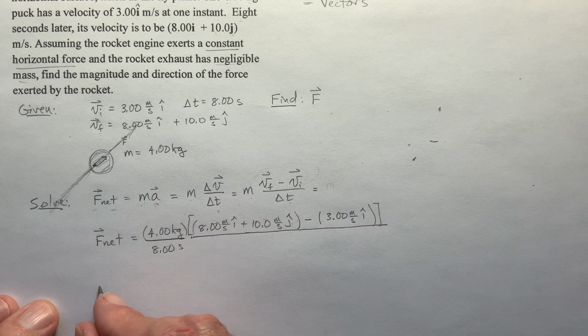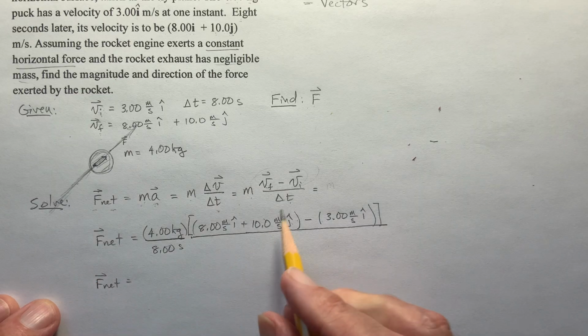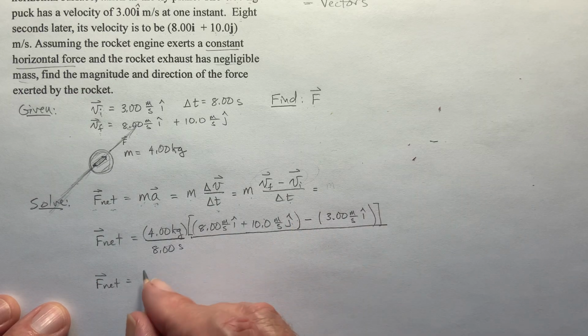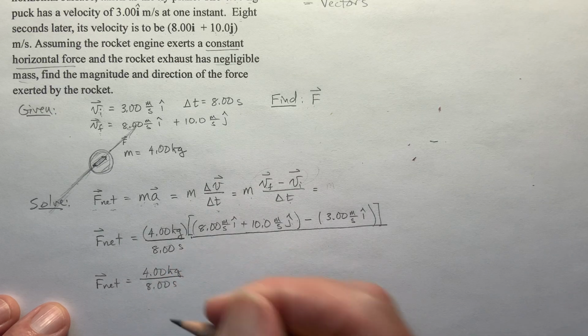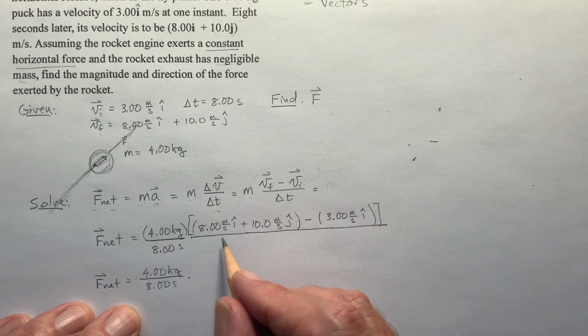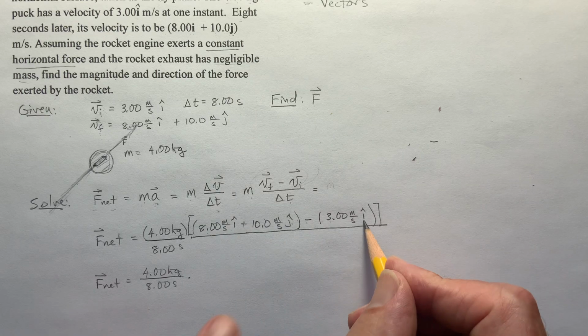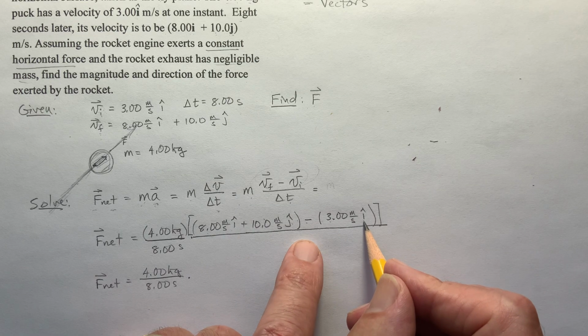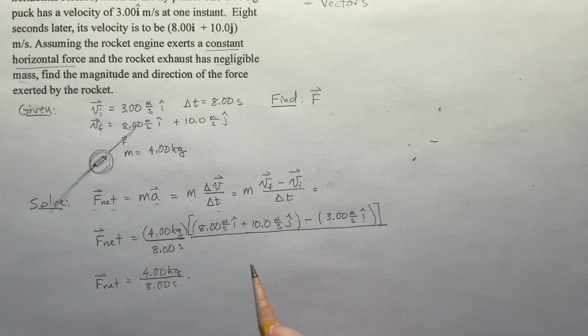Okay, so let's do this. We have a net force. Well, let's simplify this a little bit. I'll keep the 4 kilograms and the 8. Sorry, I can make that 1/2 if you want. But what is this now? Well, this is 8 in the x direction minus 3 in the x direction. You can't add or subtract components of vectors that are not in the same direction.